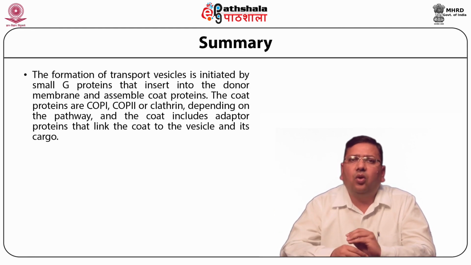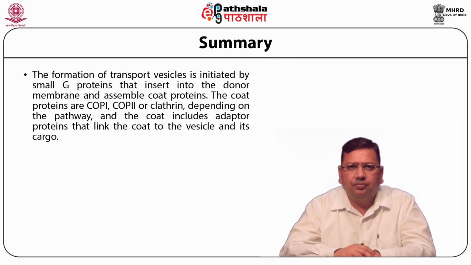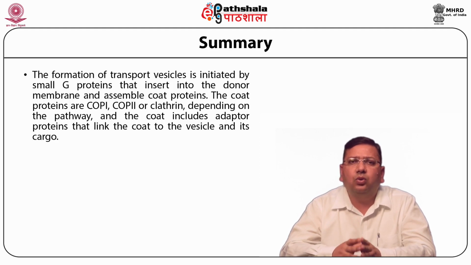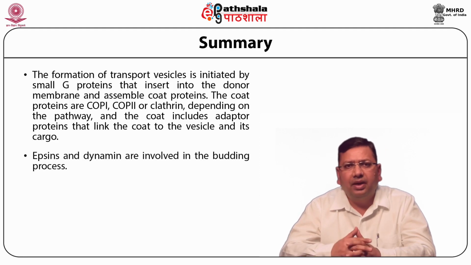The formation of transport vesicles is initiated by small G proteins that insert into the donor membrane and assemble coat protein. The coat proteins are COPI, COPII, or clathrin, depending upon the pathway, and the coat includes adapter proteins that link the coat to the vesicle and its cargo.